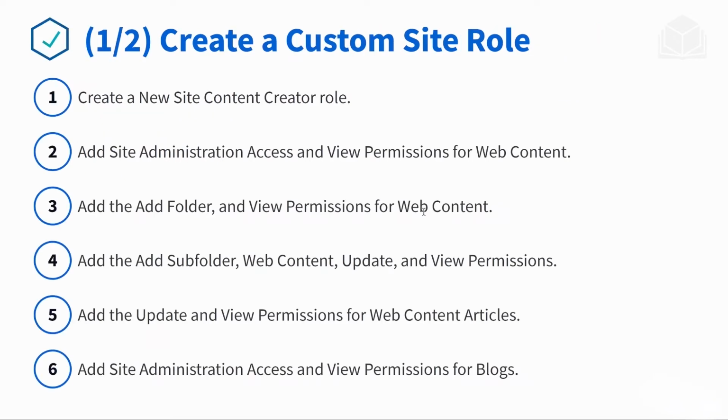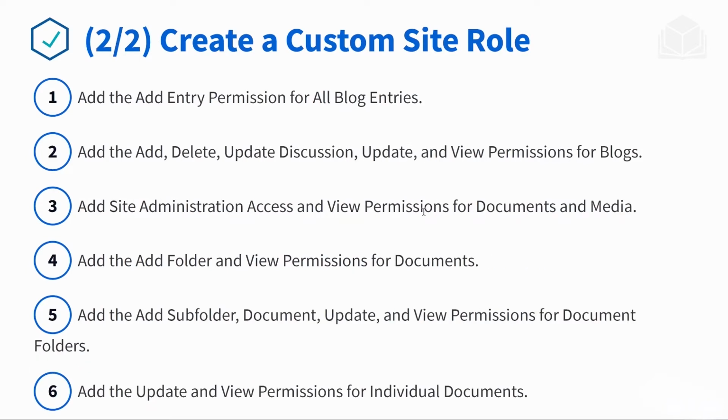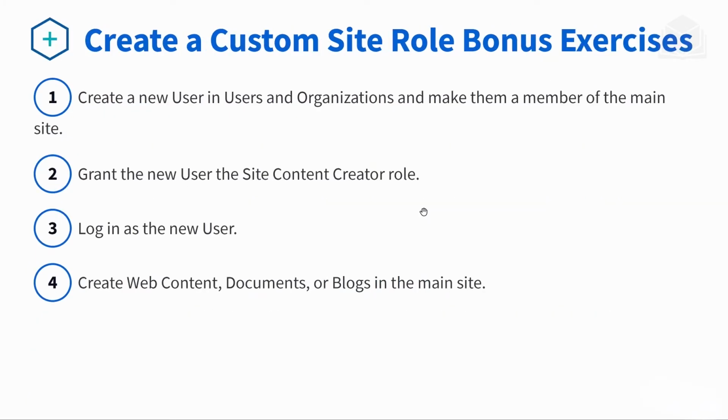These two slides tell all the permissions that we need to add for web content, blogs, and then also documents. So we'll go through these each one by one. And then afterwards, as a bonus exercise, what you can and should probably do is test each one of these permissions.